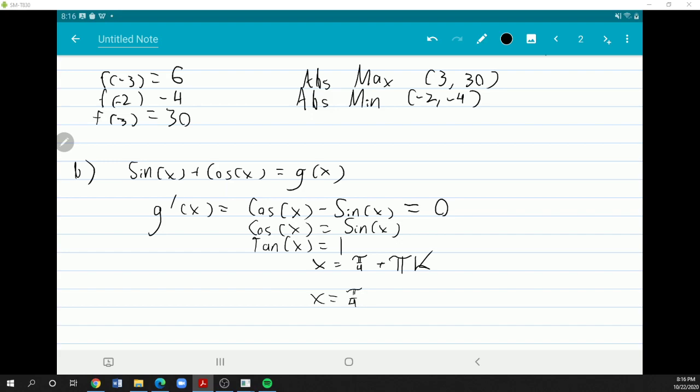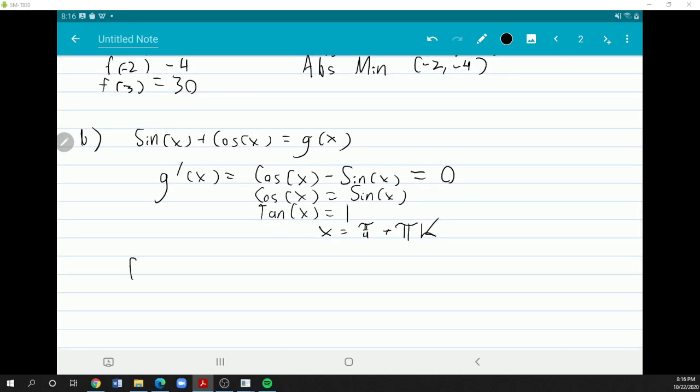Well, if I add another pi, then I'm at 5 pi over 4, which is bigger than pi, which is bigger than 2 pi over 3. And if I subtract, I'm smaller than pi over 4. Actually, pi over 4 isn't even in the interval, I just noticed. Okay, so we don't even use that one. So we got critical points, but none of them are in here. So we just plug in the two endpoints.